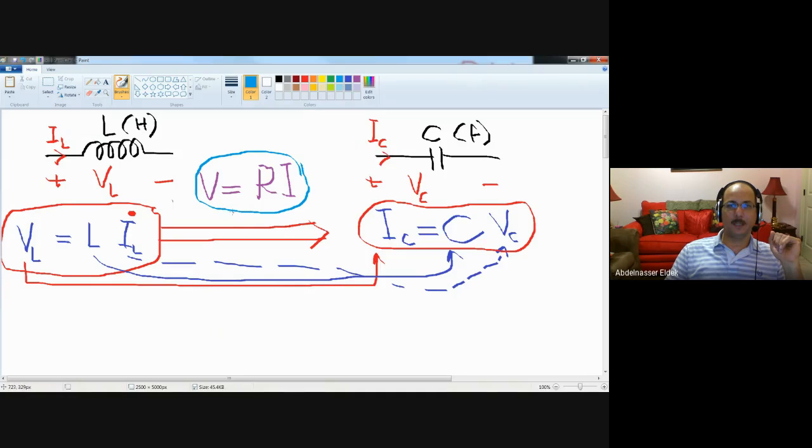Then we repeat this in the capacitor, the inductor. So R will be replaced by L, and I will be I dot. That's it.